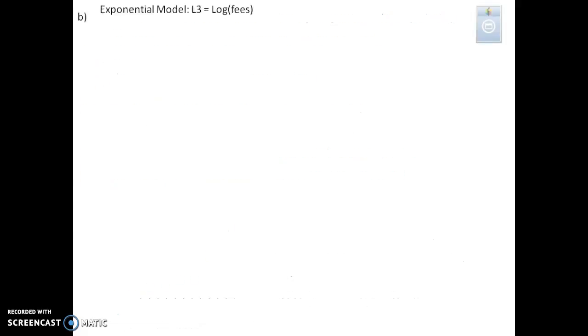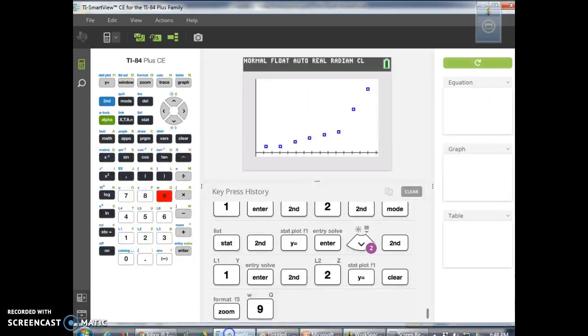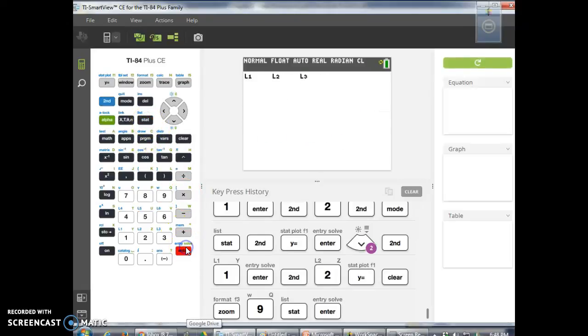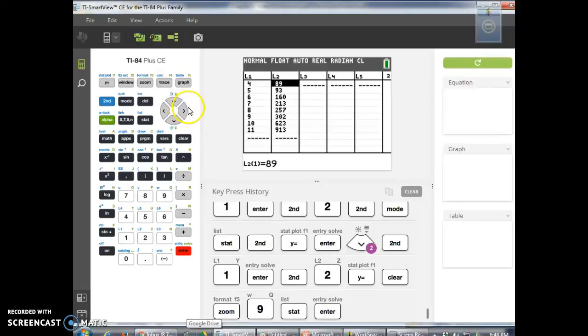Okay, we're going to actually run a regression, and we want to go ahead and take the natural log of our y. Now, it says on your handout to do the natural log. We're going to do log, and there's a reason. I want to show you how to basically make your prediction using log, because last time we did the natural log.